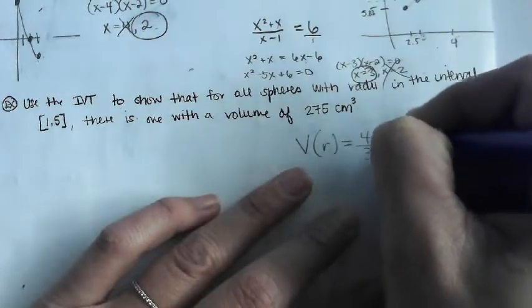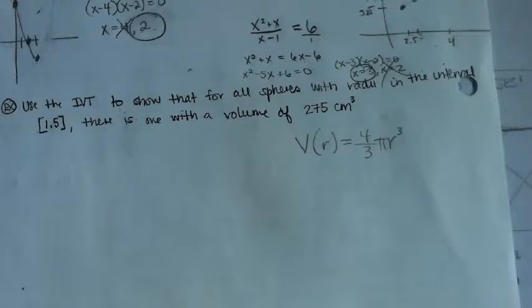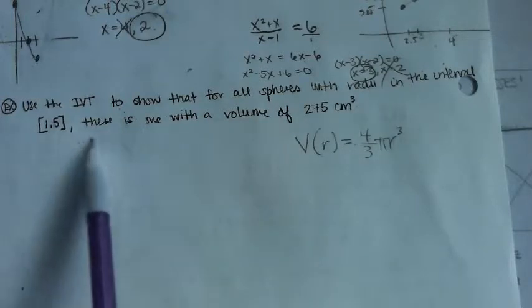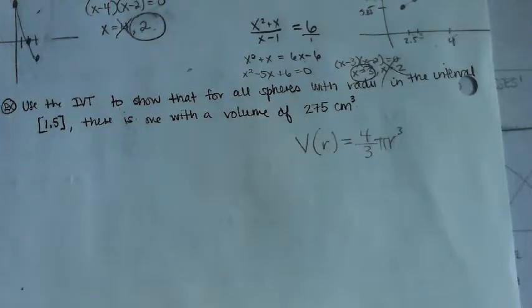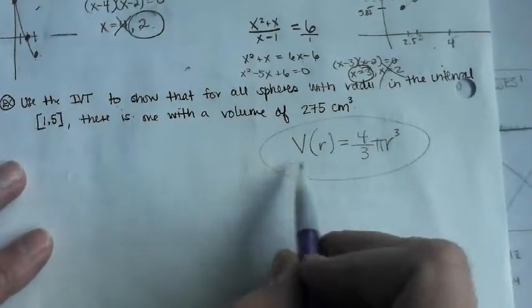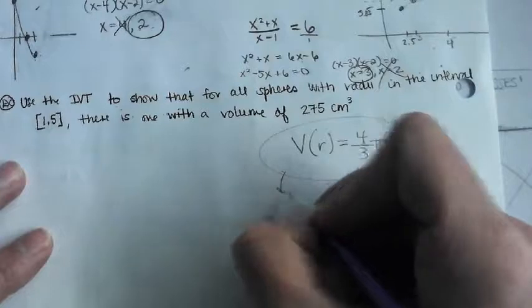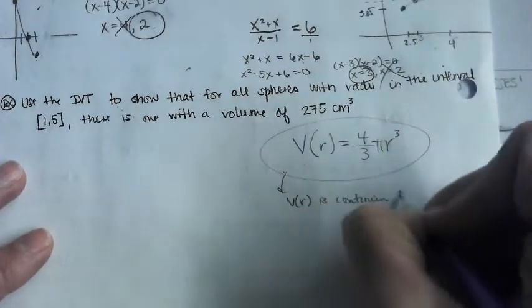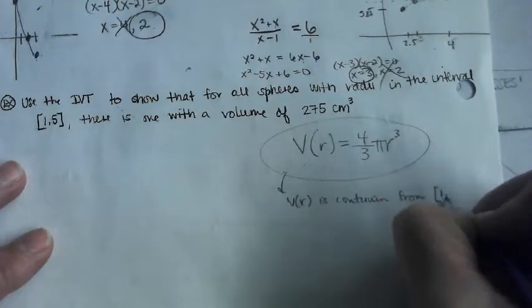So it wants us to use this intermediate value theorem to show that for any spheres with a radii between 1 and 5, you're going to have one somewhere in there that's got a volume of 275. So essentially, first stipulation, this is continuous. So V of R is continuous from 1 to 5.